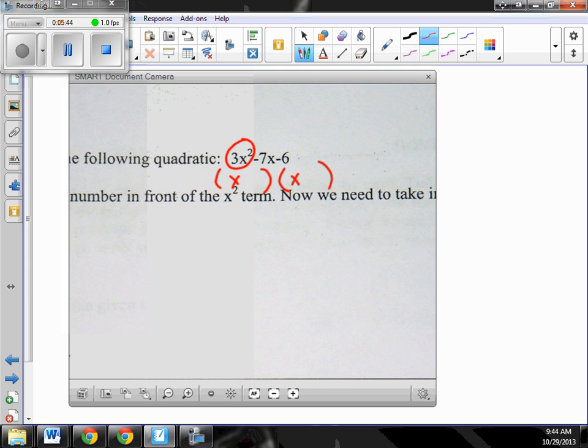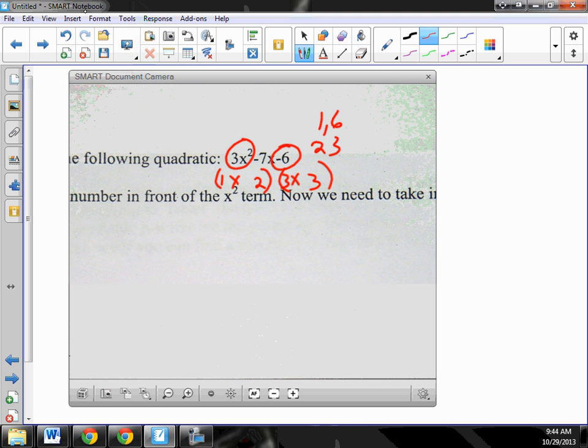So one of them will be a 1 and one of them will be a 3. And then the 6 could be 1 and 6 or 2 and 3. So I have tons of options. I could put the 2 here and the 3 here, or I could put the 6 here and the 1 here, or I could put the 6 there and the 1 there, or I could put the 3 there and the 2 there.